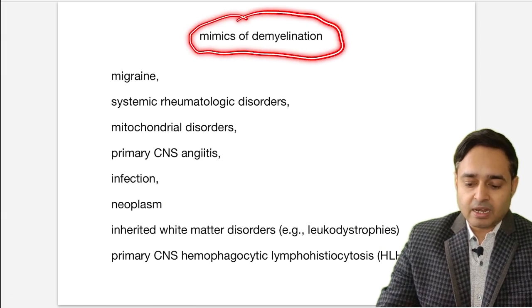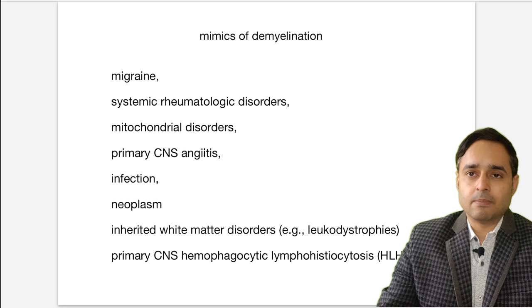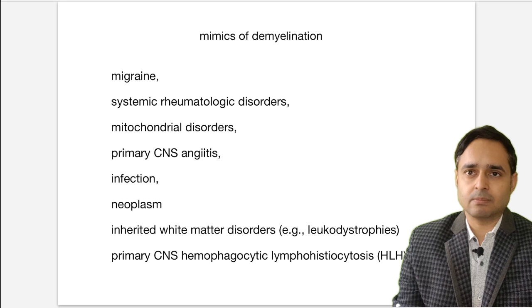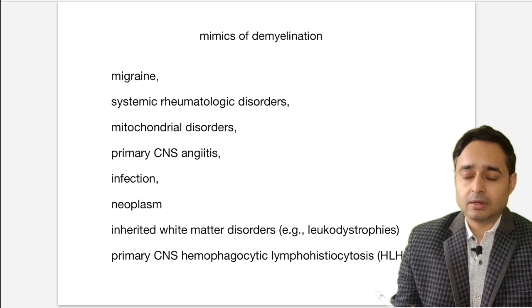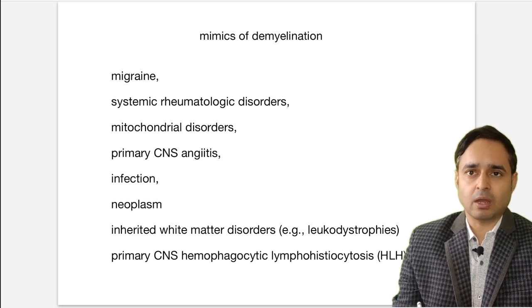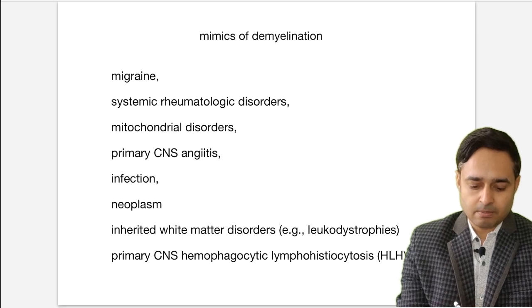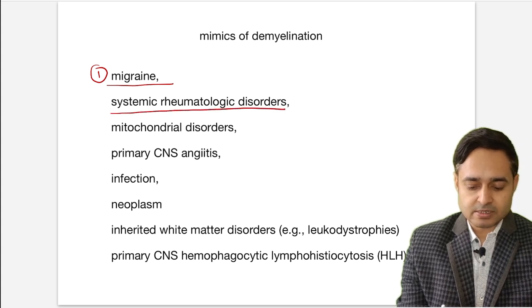Mimics of demyelination. This is a very important area because symptoms of demyelination can mimic known demyelinating CNS or other system disorders. We'll see one by one. Migraine is one of them. Systemic rheumatological disorders can be seen like that.